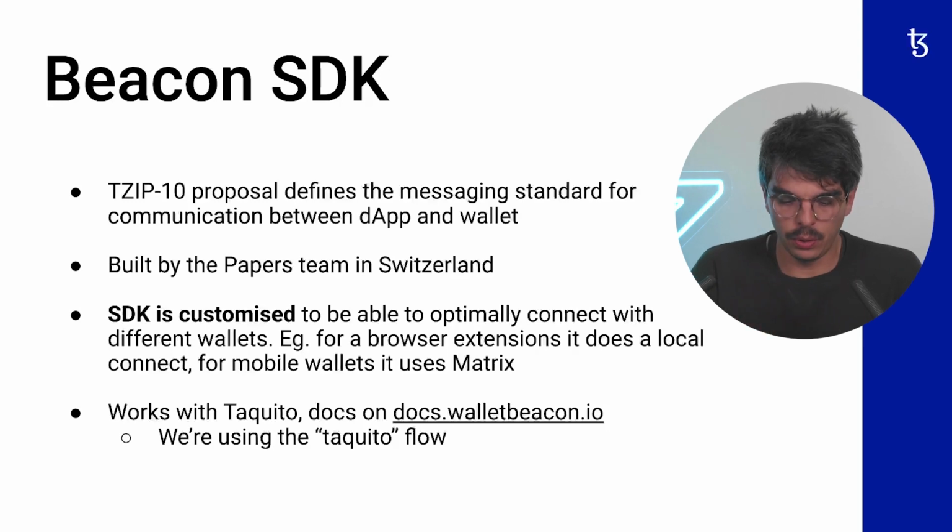If you look at the documentation at the link on this slide, which we will be following later in this episode, you'll see that there are 2 different flows that you can use when you're integrating with Beacon. One of them is the pure Beacon flow, and one of them is the Beacon flow with Taquito, and we're going to be following that Taquito flow.